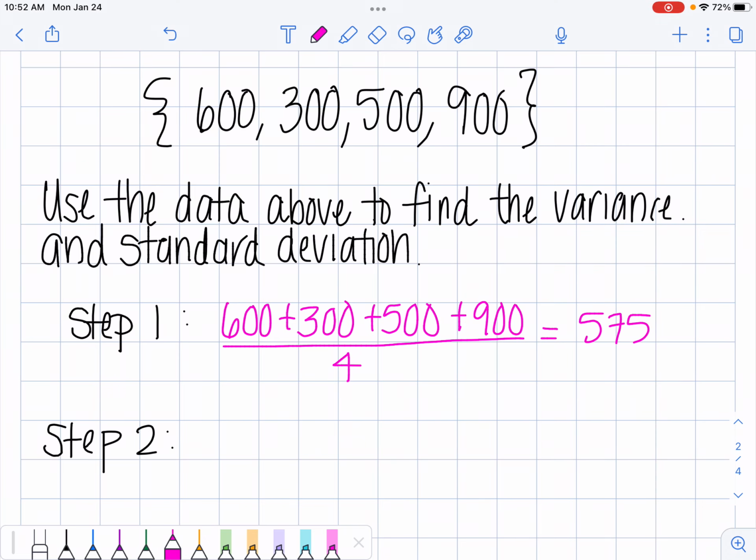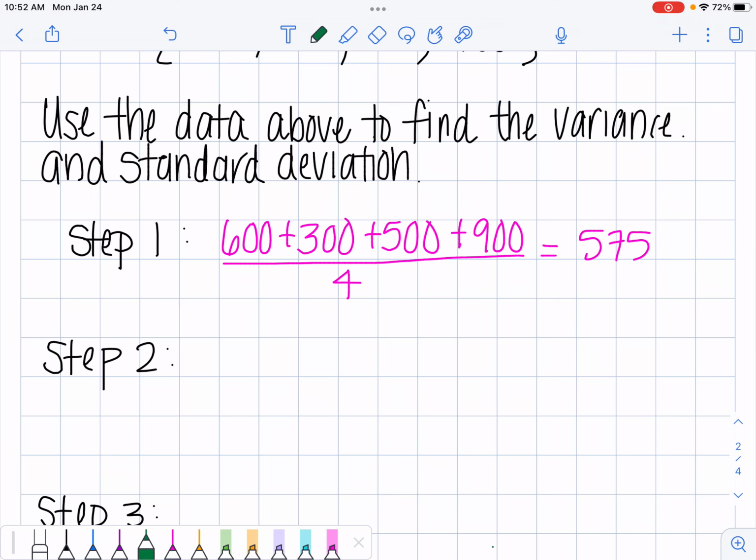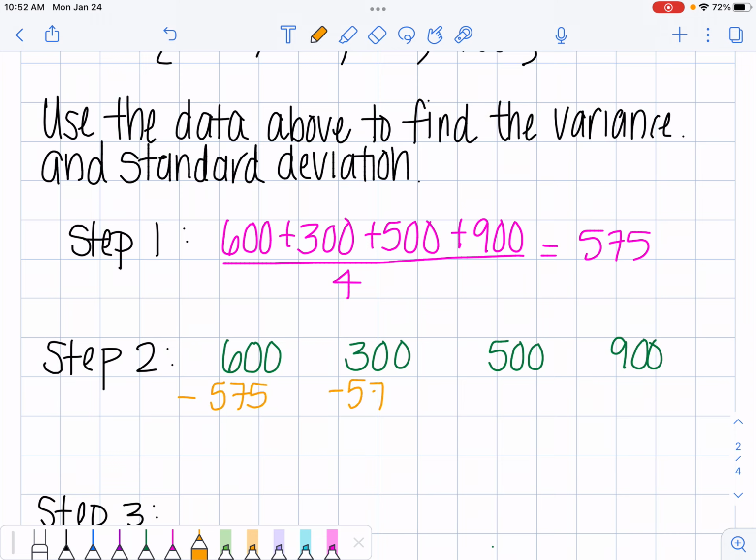Okay, now I'm going to take each number, next step, and I'm going to subtract what I just got from step 1. So minus 575 from each number.